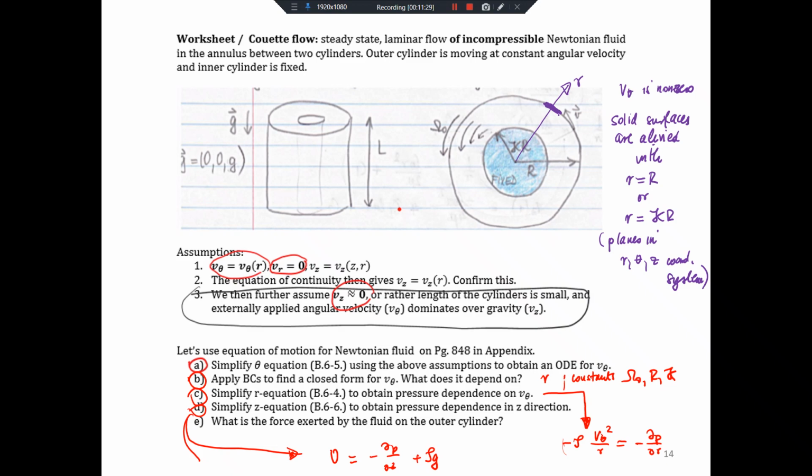That's expressed by tau r theta. That is my shear stress, because I can look at tau r theta both as the momentum transfer from this side to the other, as well as the effective force that this side exerts on the plane r equal to R.